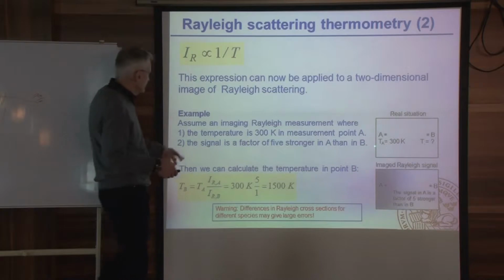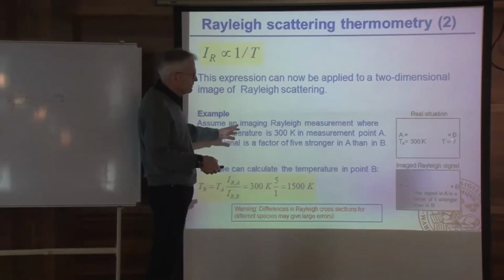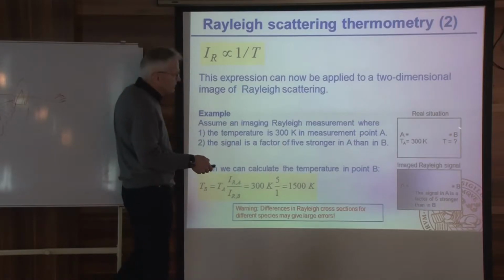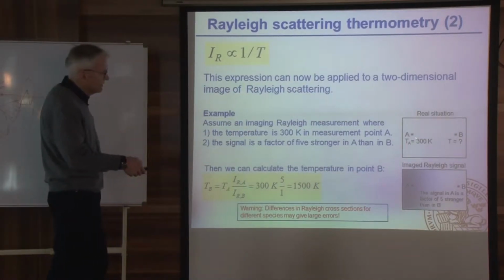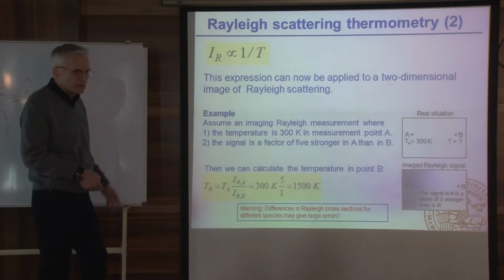If the signal is a factor of 5 stronger here, the temperature is a factor of 5 higher there. So there directly we can measure the temperature to 1500 K.